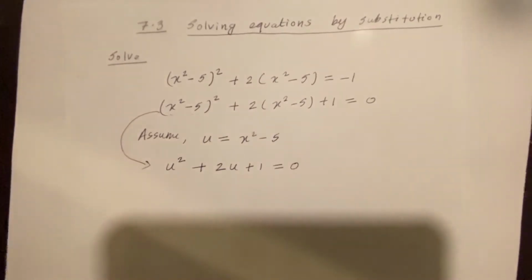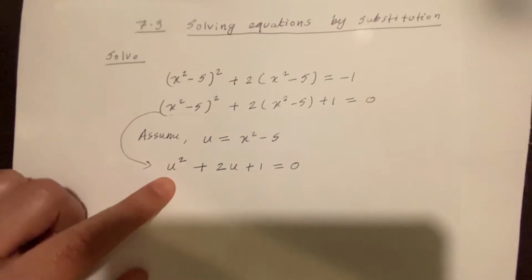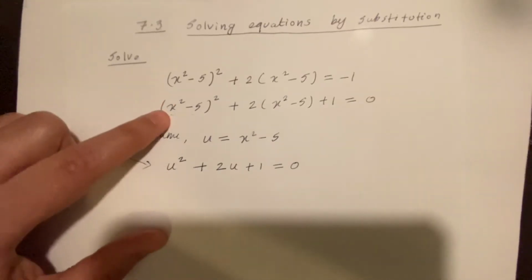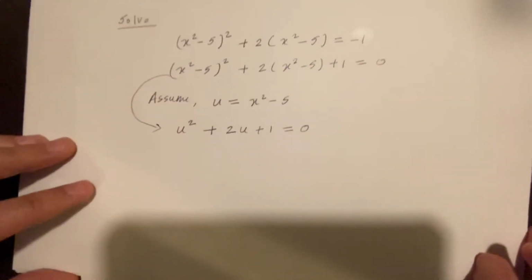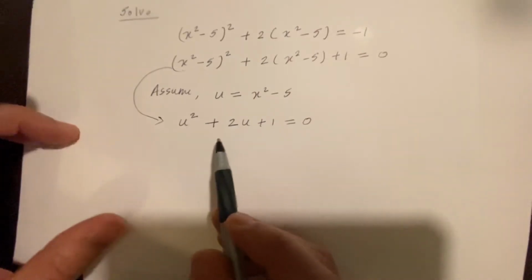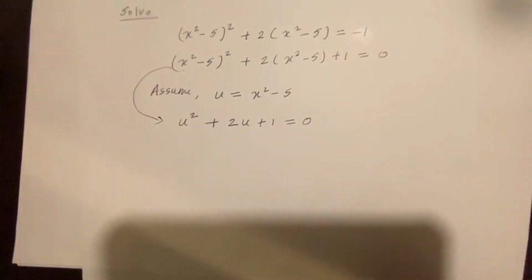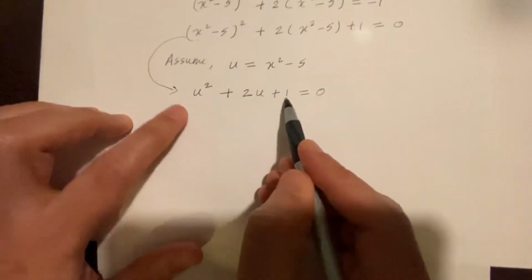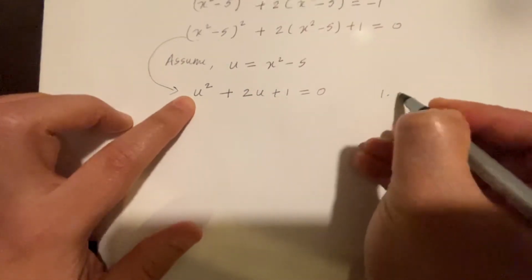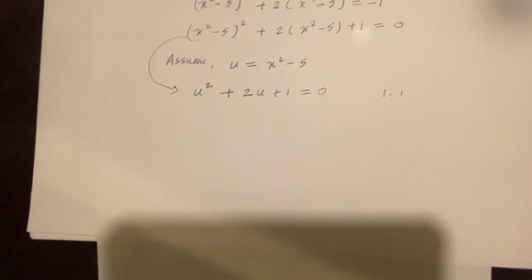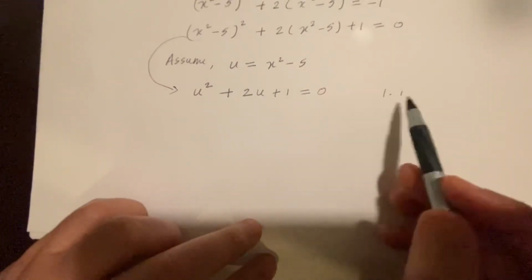This way, this equation is much simpler to solve. Now we know the AC method, so we can just use that. Here, 1 times 1 is just 1, and these two are the only factors.